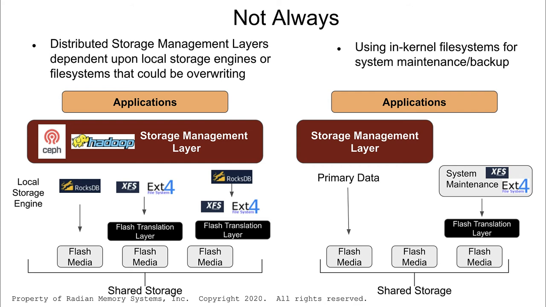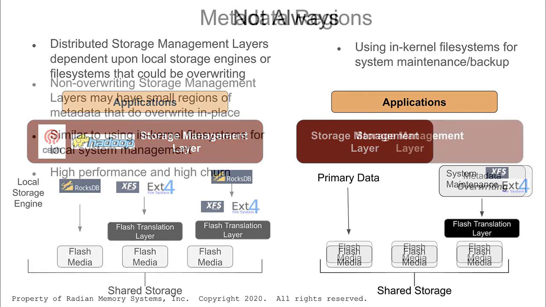Another example configuration involves a non-overwriting storage management layer accessing the flash directly across nodes for primary data accesses, but using an overwriting local file system for internal system management, performing services like backup, which requires a translation layer.